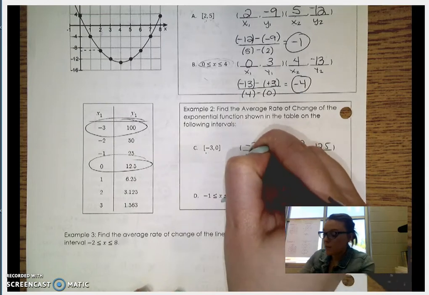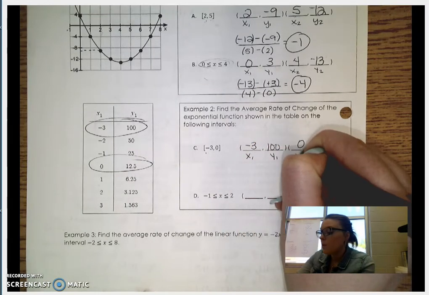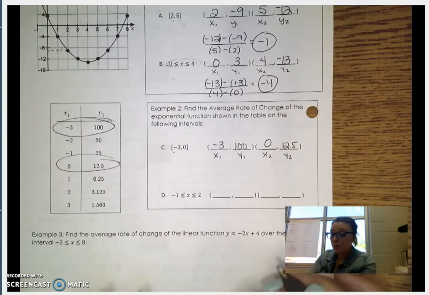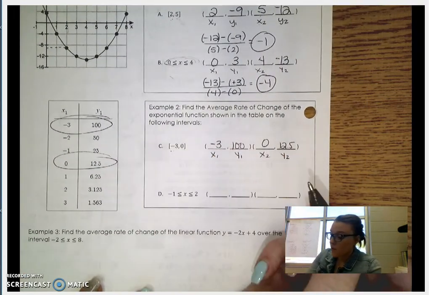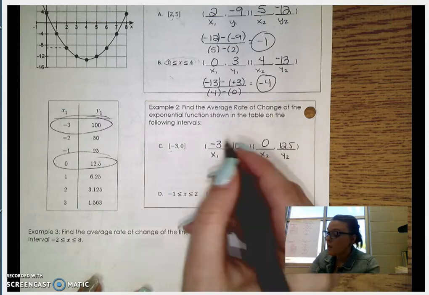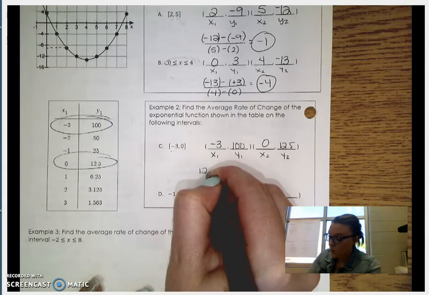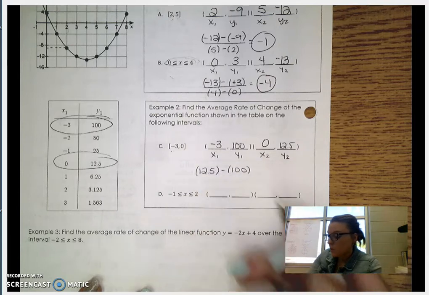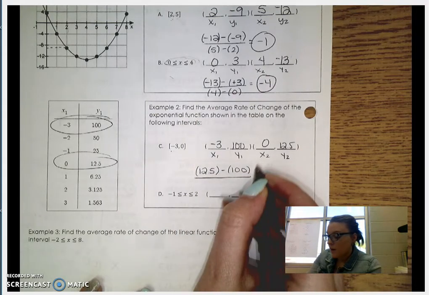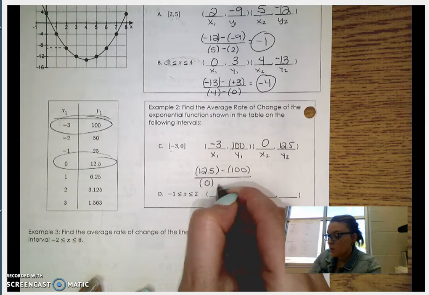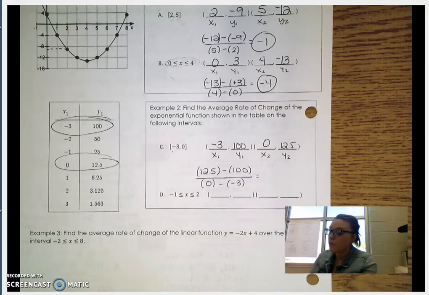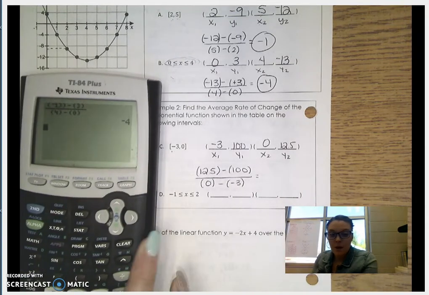Label my points x1, y1, x2, y2. Use my average rate of change or my slope formula: y2, 12.5, minus y1, which is 100, divided by x2, 0, minus x1, -3. So I'm going to type that in here.